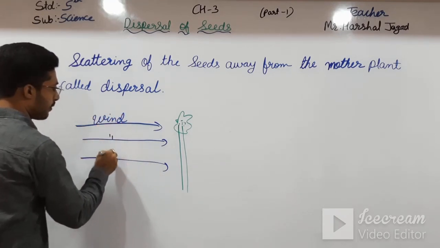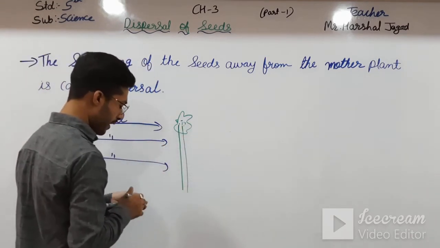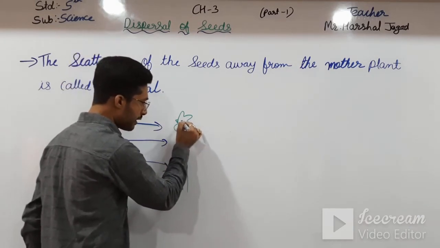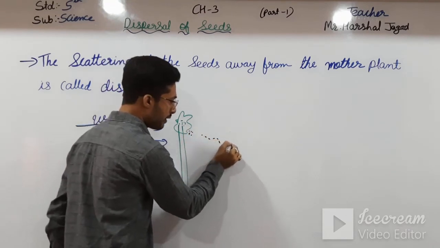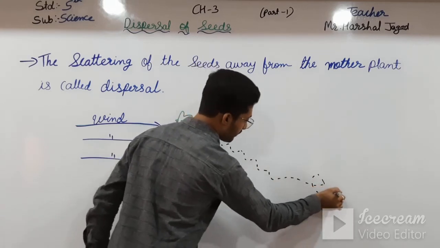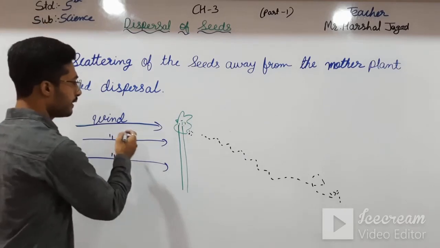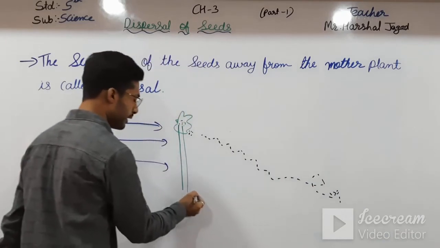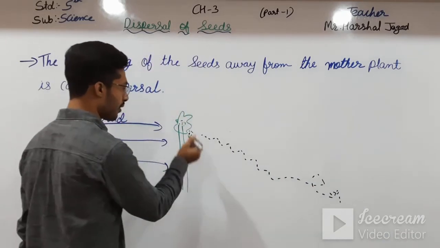Okay students, these all are winds. When these seeds fall down, it will start falling from here, then it will go here, and travel by the wind. This will travel by the wind and be thrown far away, so that here the overcrowding of this plant or the trees does not occur.